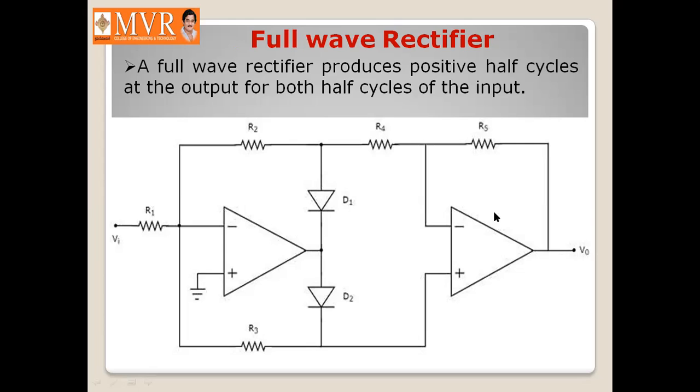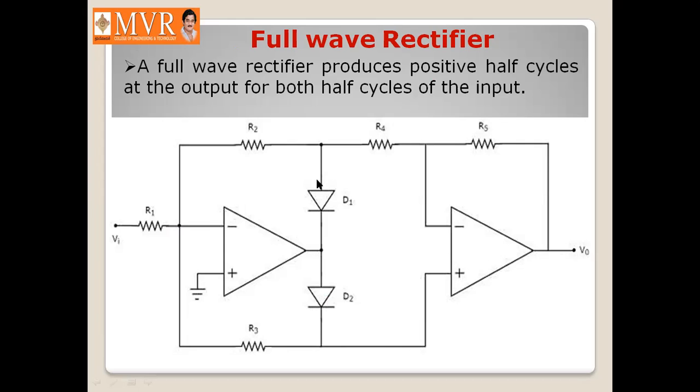Coming to the second op amp, whenever D2 is reverse biased, this is connected to this node through R3, so this will be at approximately ground potential. Hence at that time this second op amp is going to work as a non-inverting amplifier.